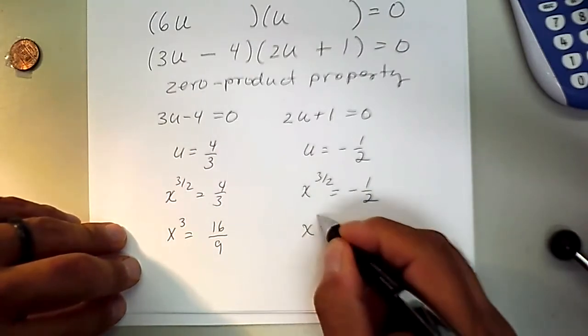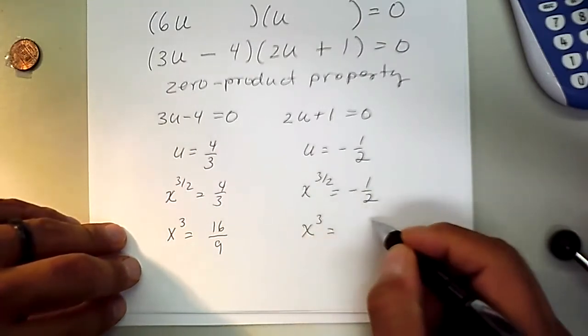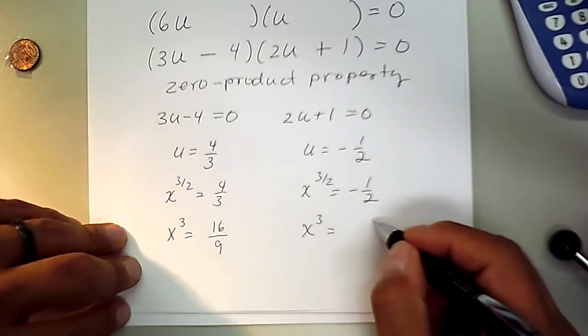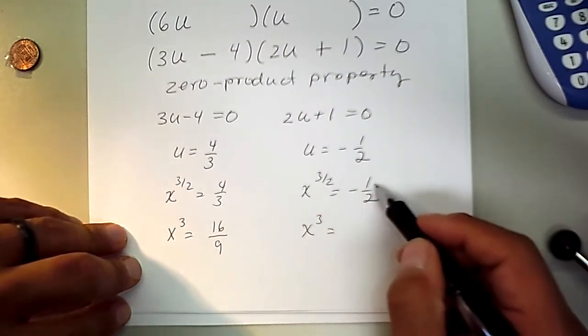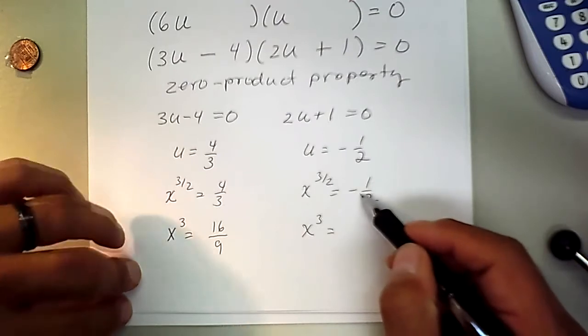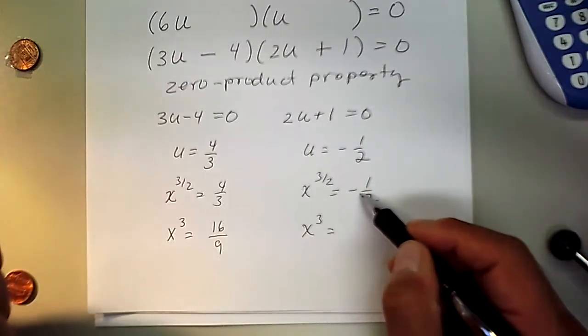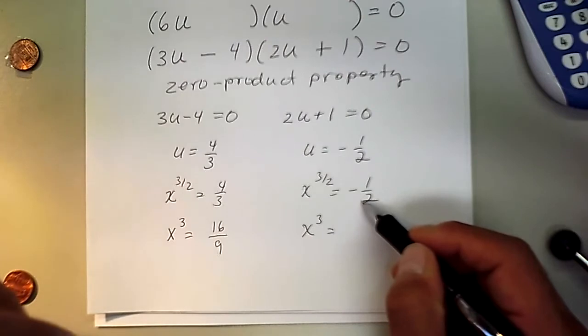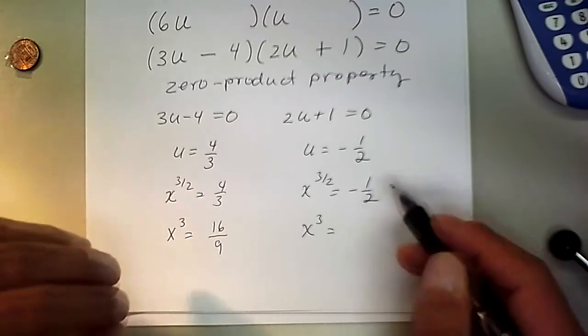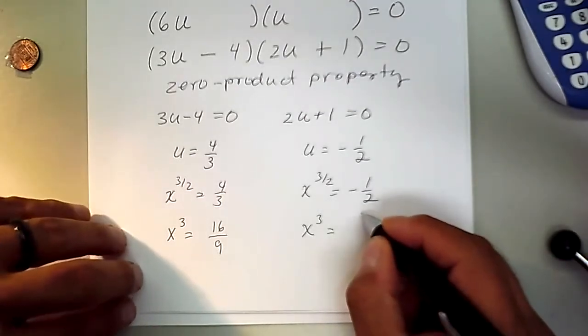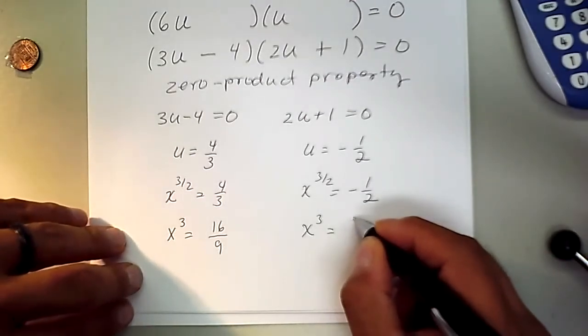X cubed will be, I'm thinking because when we square, we lose the negative. But if we were to cube root it first, let's finish this up and then go from there. So this is 1/4 when we square.